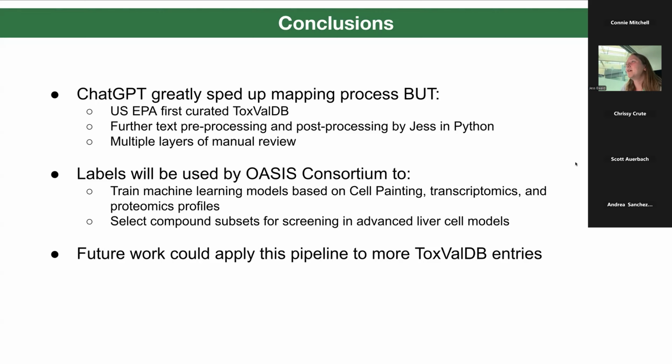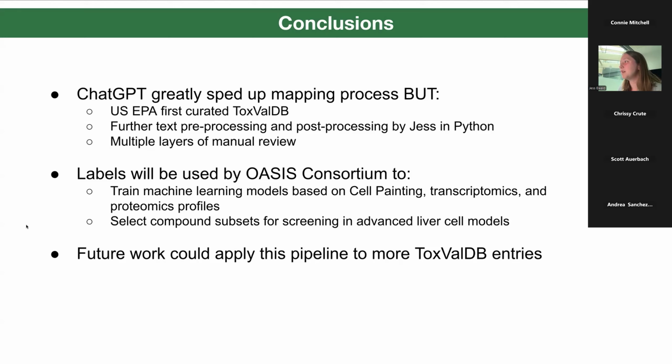The labels in the future will be used in our work to train machine learning models based on the omics data to see if we can detect a signature or discriminate compounds with these effects from those that don't. And they'll also be useful for selecting compound subsets for assessing these advanced liver models.